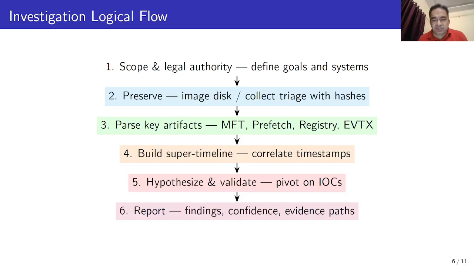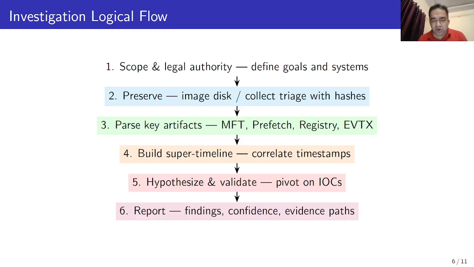This vertical flowchart is a repeatable case method that includes: scope and legal authority, preserve with hashes, parse key artifacts, build a super timeline, hypothesize and validate with indicators of compromise, and report findings and confidence.